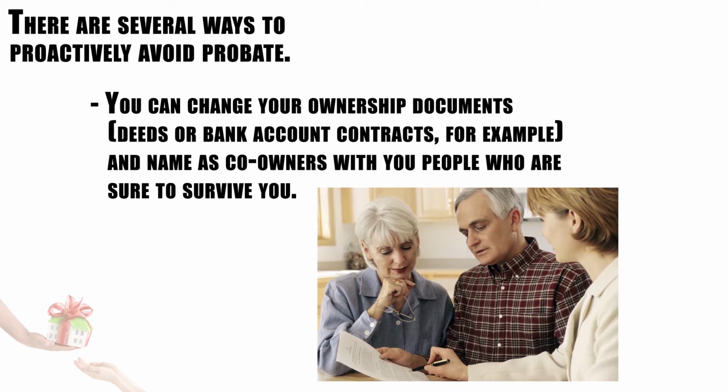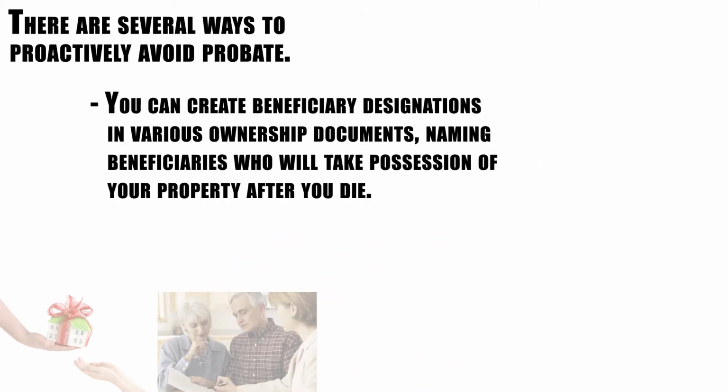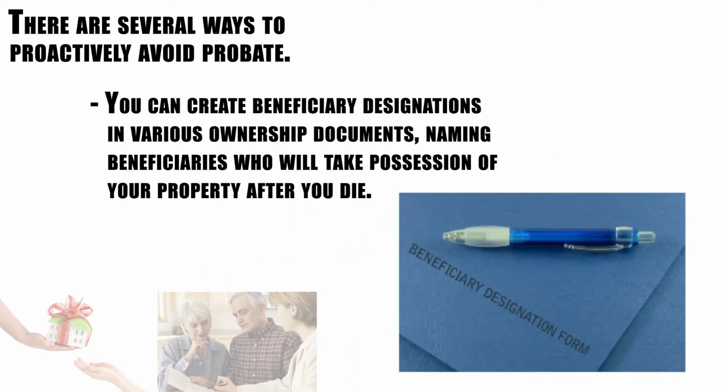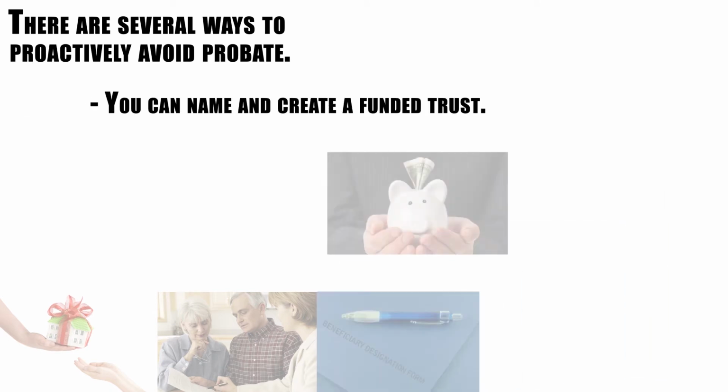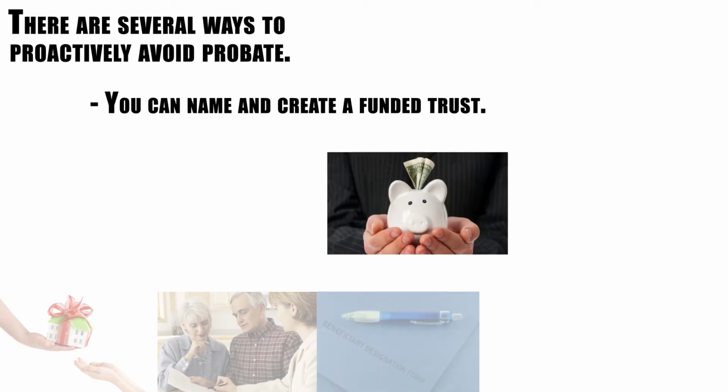Those ownership documents will prove who is entitled to take possession of your property after your death. Or you can create beneficiary designations in various ownership documents, naming beneficiaries who will take possession of your property after you die. Or you can name and create a funded trust.